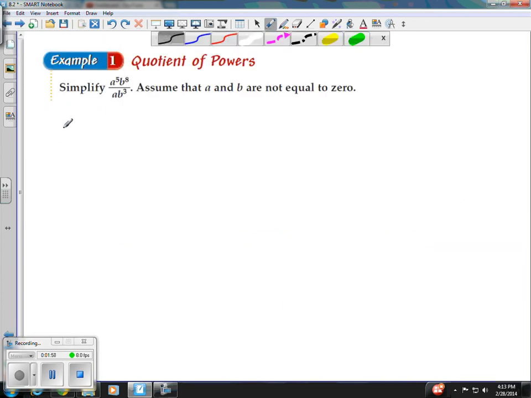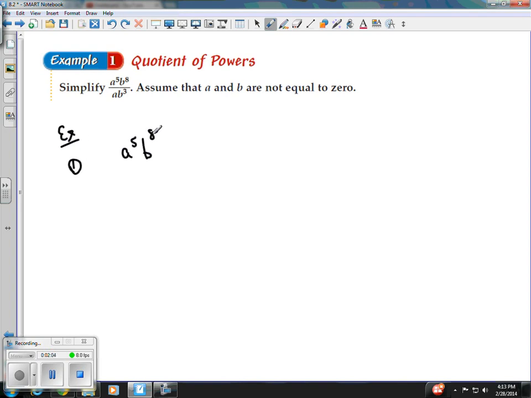So our first example has a to the 5th, b to the 8th, all over a, b to the 3rd. So we first look, that fraction bar tells us we're dividing, so we first want to divide our coefficients. But we don't have any coefficients to divide, so we skip on to our variables and their exponents. Have an a to the 5th on top.